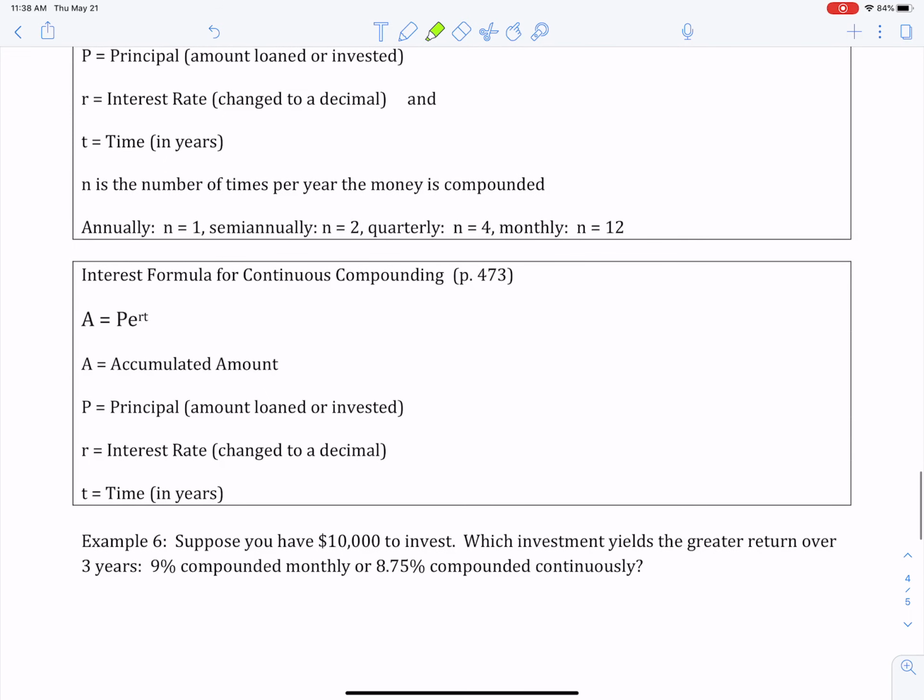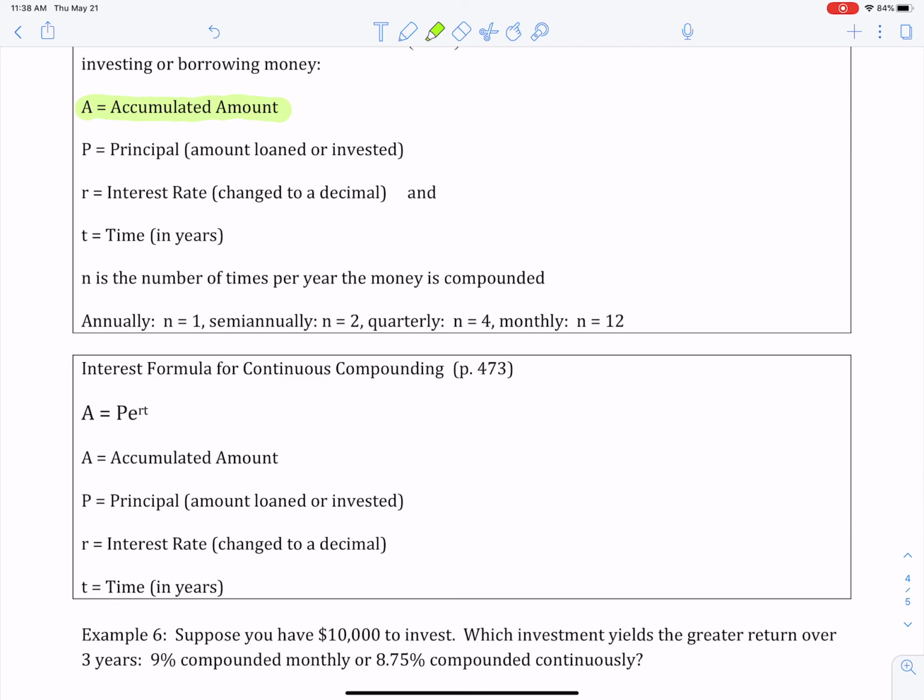Another formula for compounding is the continuous compounding. This formula we use when we cannot say particularly how many times interest is compounded. It's rather compounded all the time.